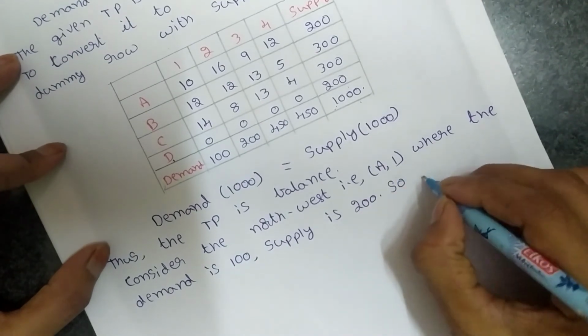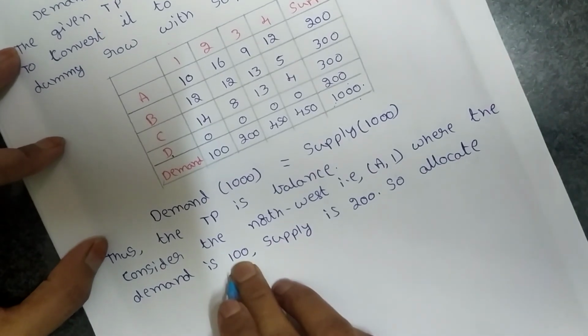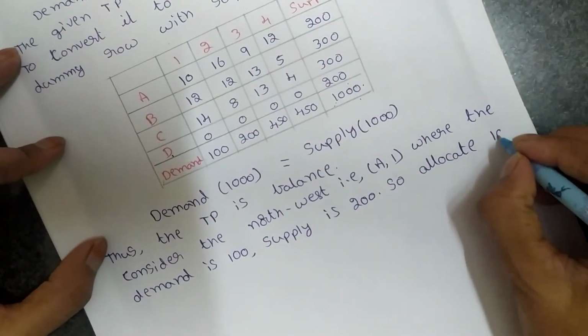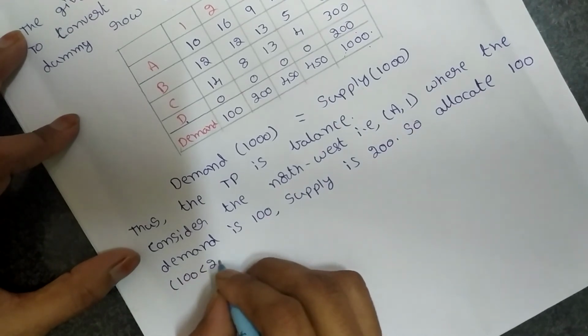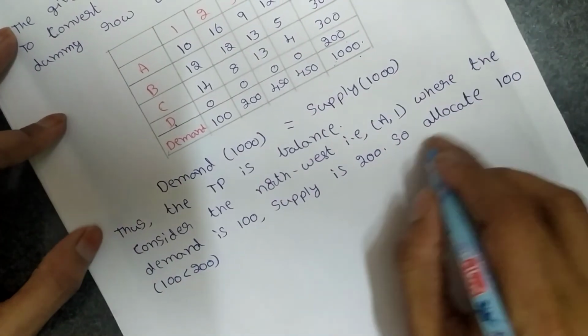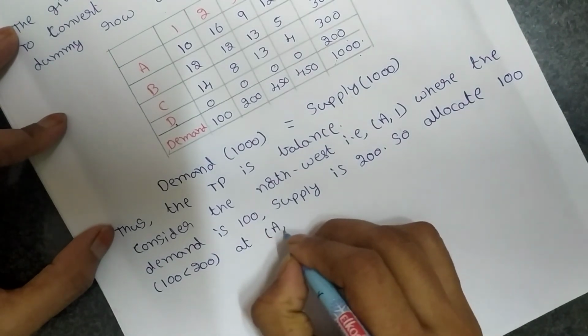So allocate the minimum value. The minimum value here is 100. Why have we allocated 100? Because 100 is less than 200. Where do we allocate? At the A comma 1 cell.